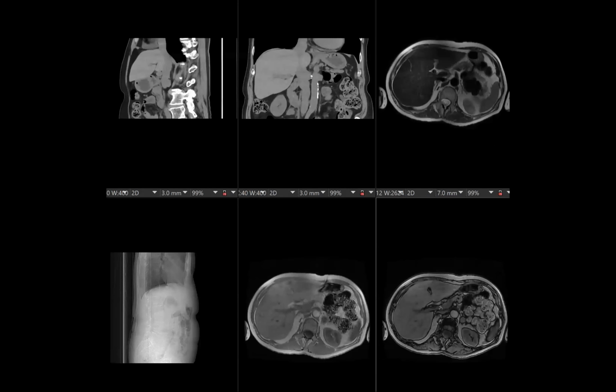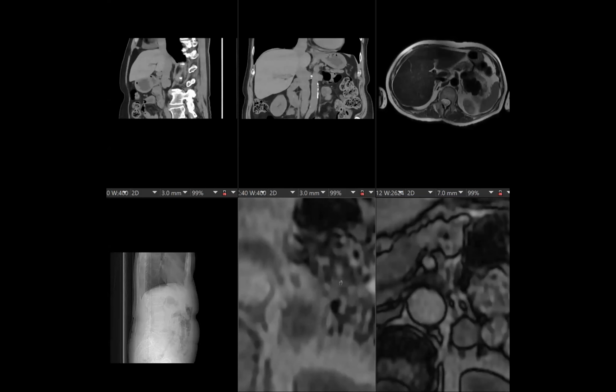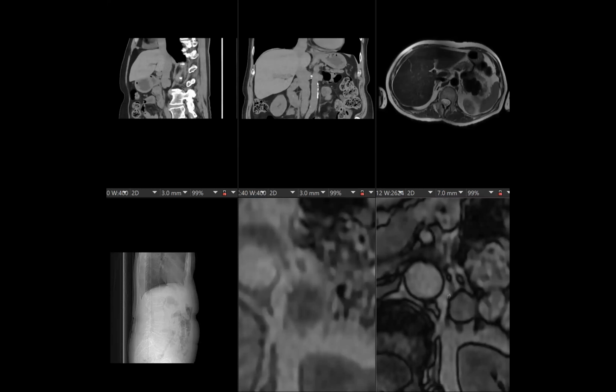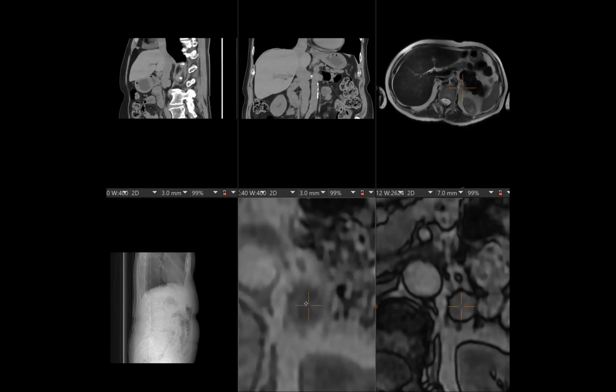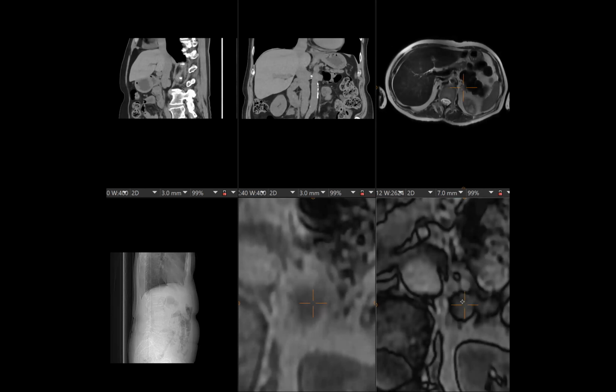Let me just zoom in so it can be convincing. So all those little dark areas are dark on both. There's no definite intralesional fat. And the washout was pretty high, like 50 or 60%, very high.